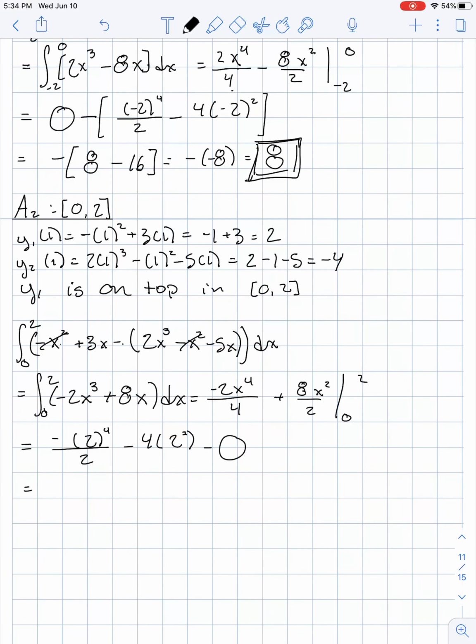So this is going to be negative 8, plus, oh no, not plus. Oh wait, that's a plus. Yeah, plus. Okay, plus 16, right?